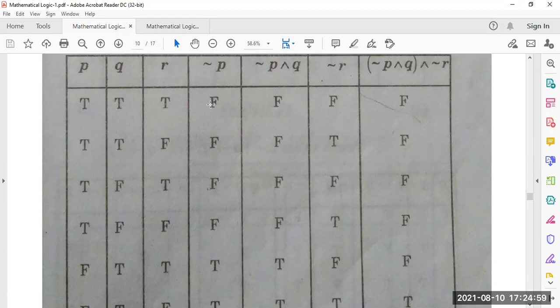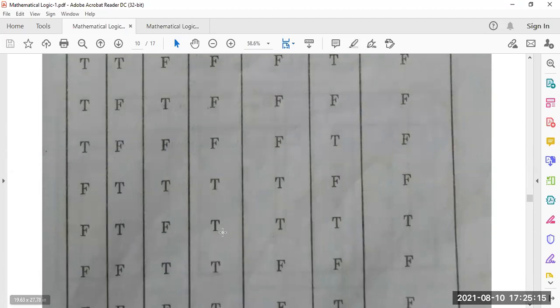So negation P is this and Q is this. F, F, F, F, T, T, F, F. Here there is only T because both of these are T. This is also T, this is also T. So that is T. Then again T, T. F, T.